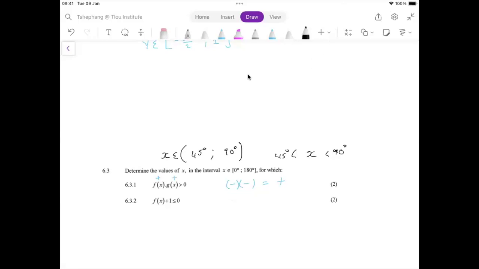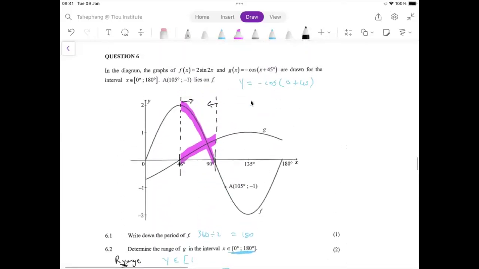Somebody's asking, where did I get the negative root 2 over 2? What I did is I substituted, because we are dealing with the graph of g at this point. The equation of this graph is y equals negative cos of (x plus 45), right? Isn't this the y-intercept? We can say for the y-intercept, x is equal to 0.